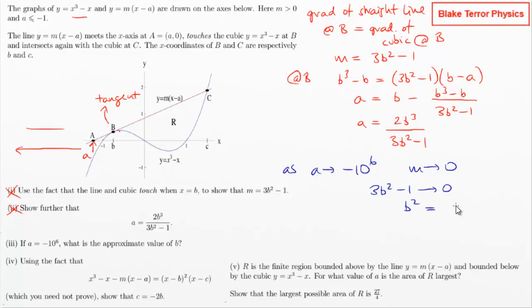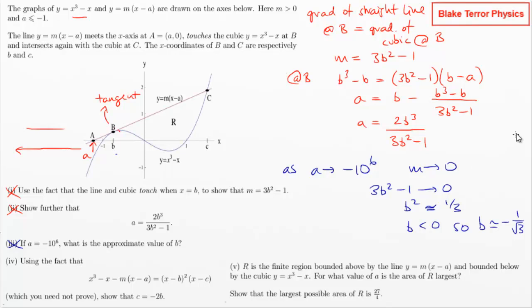We're going to have a plus or a minus, because we could be going either side on these, but we know that b is negative. So b squared equals a third, and b is less than 0, so b is roughly equal to the negative square root of a third. Okay, I'm quite happy with that. So that's done that bit.